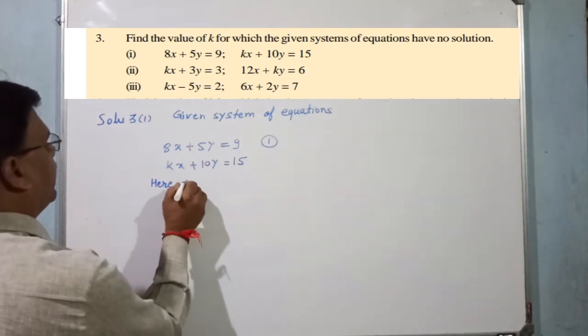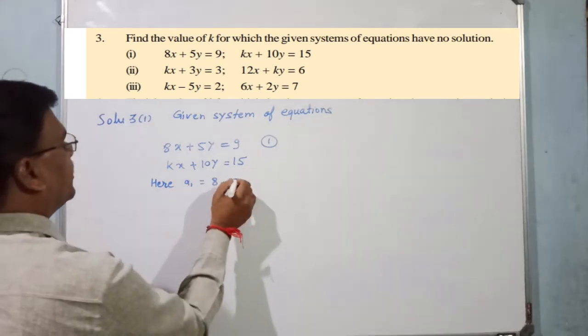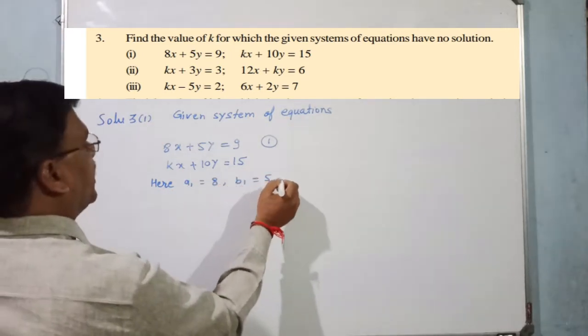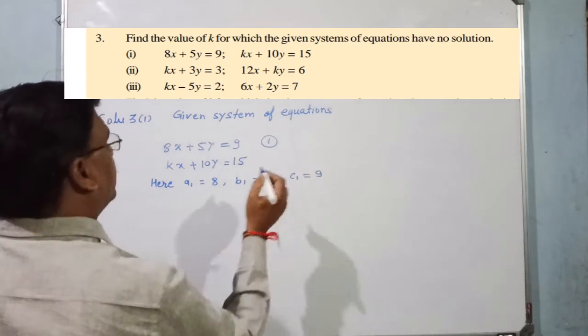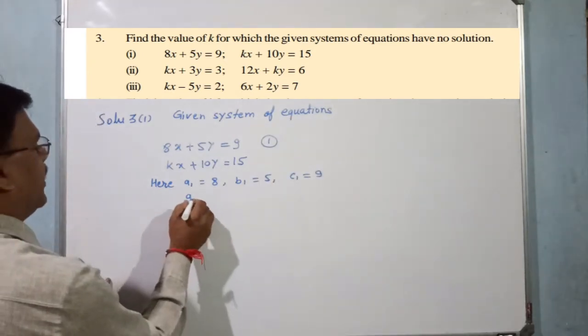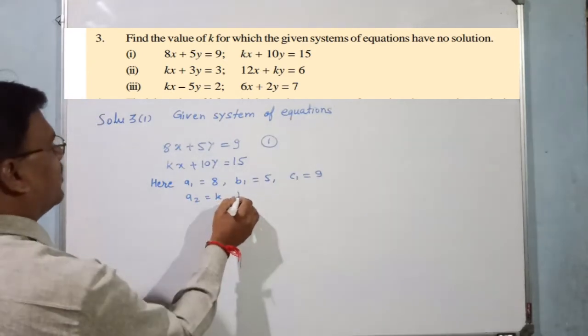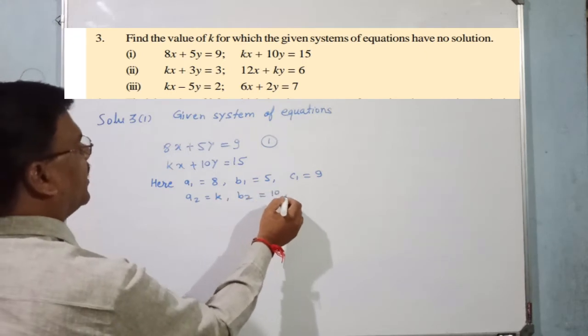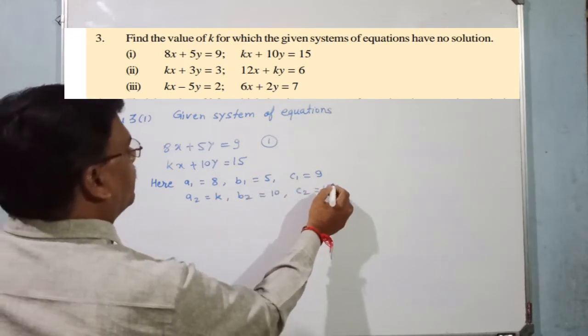Here a1 is equal to 8, b1 is equal to 5 and c1 equal to 9. a2 is equal to k, b2 equal to 10 and c2 equal to 15.